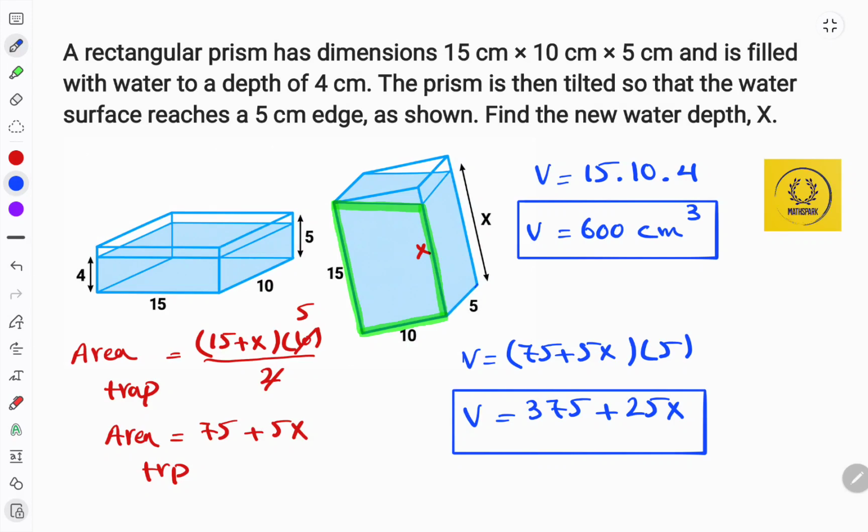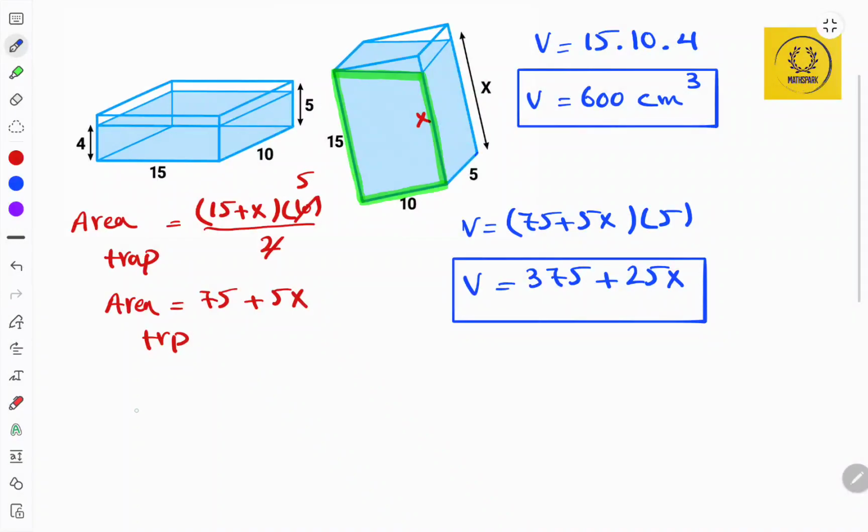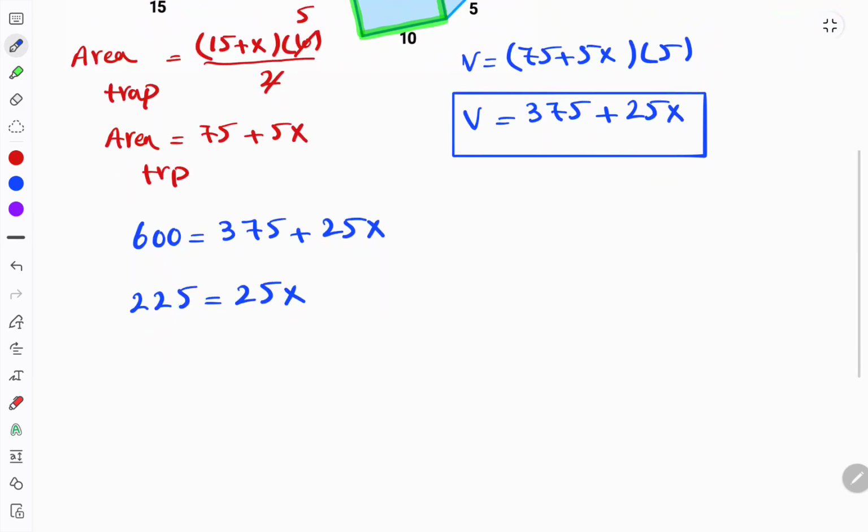Since the volume of water doesn't change, we can set these two volumes equal and solve for x. So we have 600 equals 375 plus 25x. Subtracting 375 from both sides gives us 225 on the left side equals 25x.